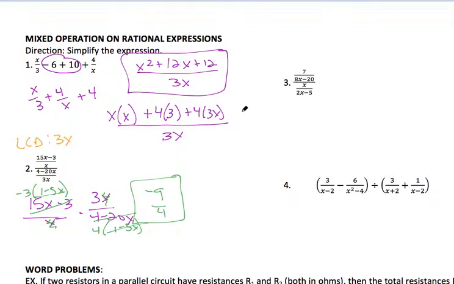Okay, did you get it right? I bet you did. Maybe you forgot this negative. This was a problem on the quiz. Okay, maybe that was something that got forgotten. Okay, this one, same thing.